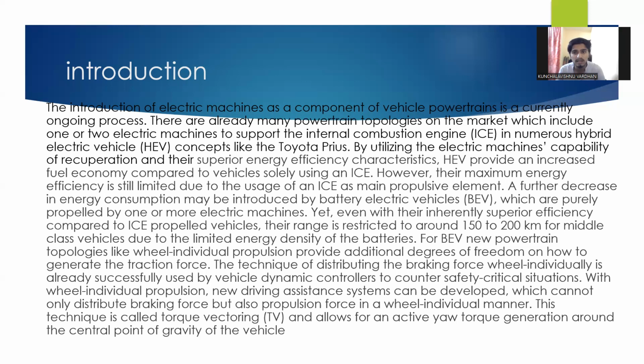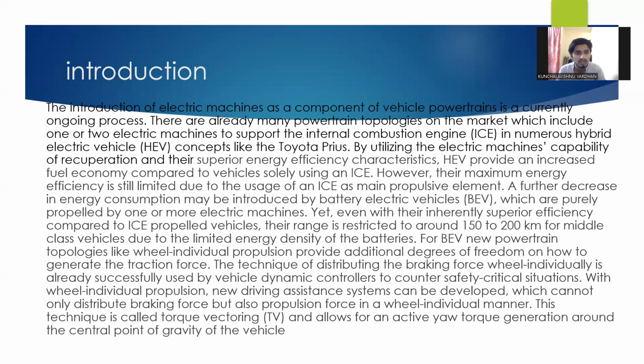By utilizing the electric machine's capability of recuperation and its superior energy efficiency characteristics, HEVs provide an increased fuel economy compared to vehicles solely using an ICE. However, their maximum energy efficiency is still limited due to the usage of an ICE as the main propulsive element.